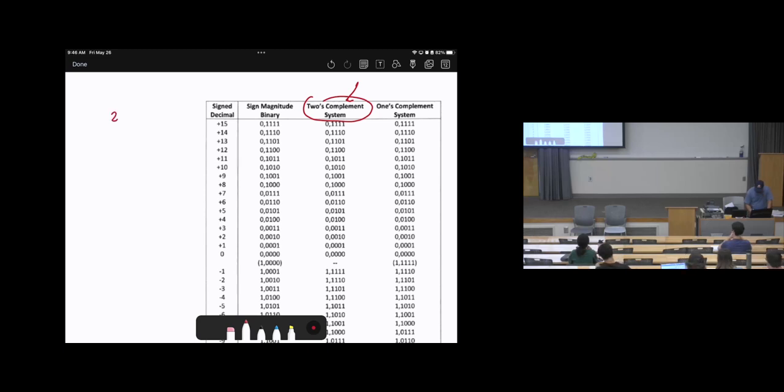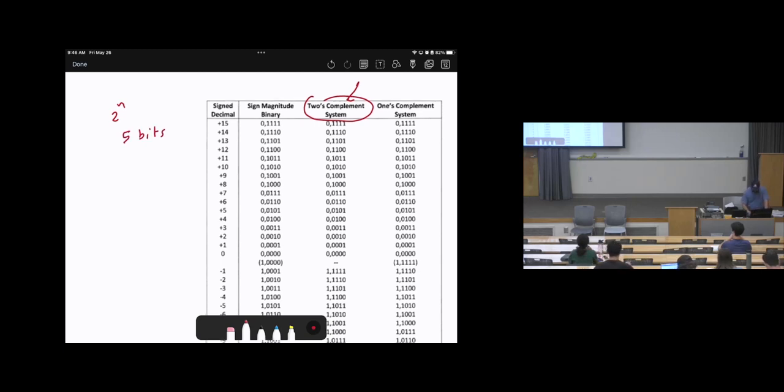Here, for example, if we have a 5 bits register, how can we determine the range? It will be plus minus 2 power n minus 1. Let's substitute: 2 power 5 minus 1, which will be 2 power 4. 2 power 4 is 16. And don't forget the negative 1.